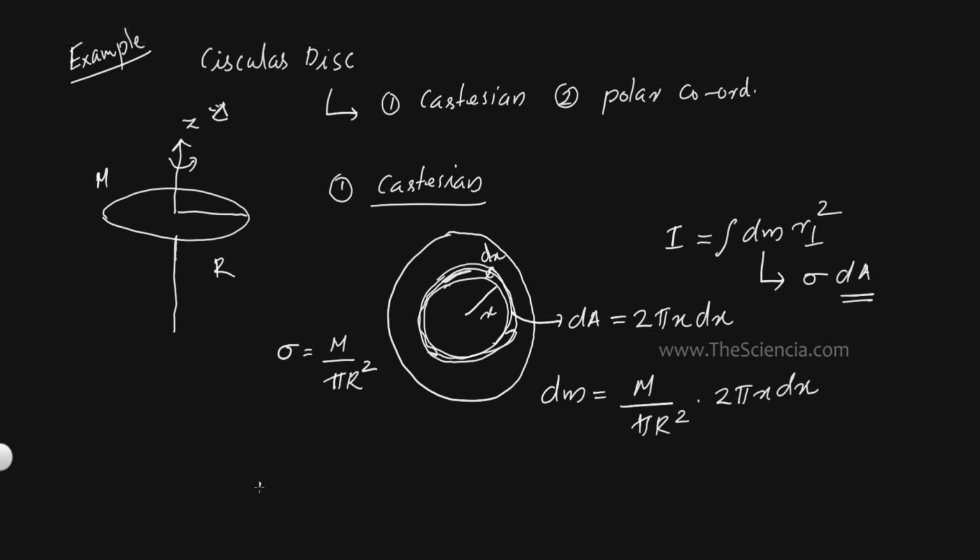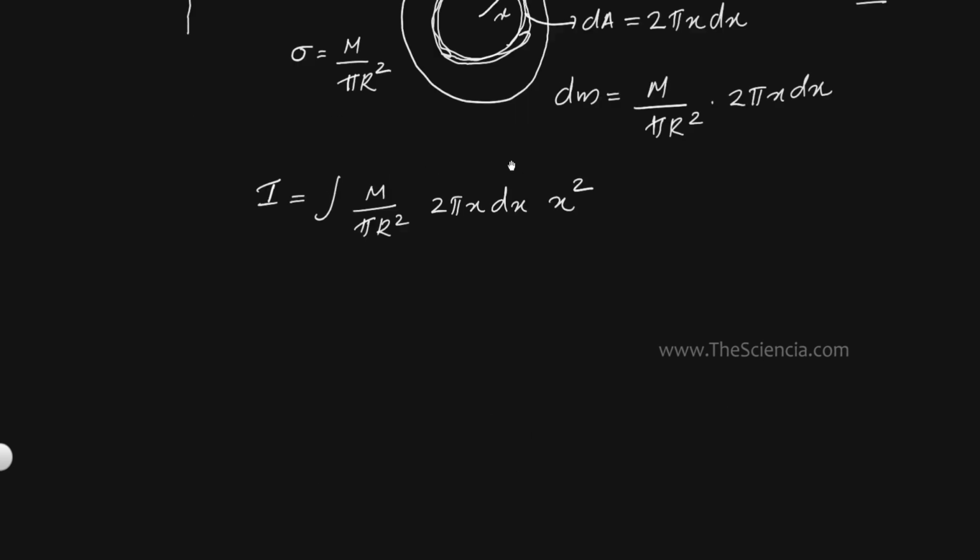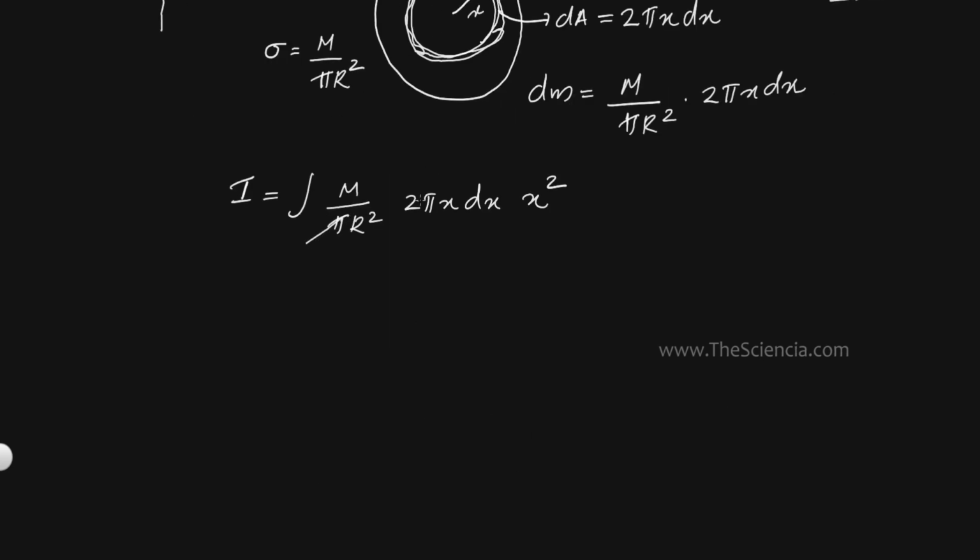So we get I is equal to integral m by pi r square into 2 pi x dx into r square. That is r is here x, that is x square. So here we can cancel this pi, and we can take 2m by r square outside the integral. That is equal to 2m by capital R square integral x cube dx.